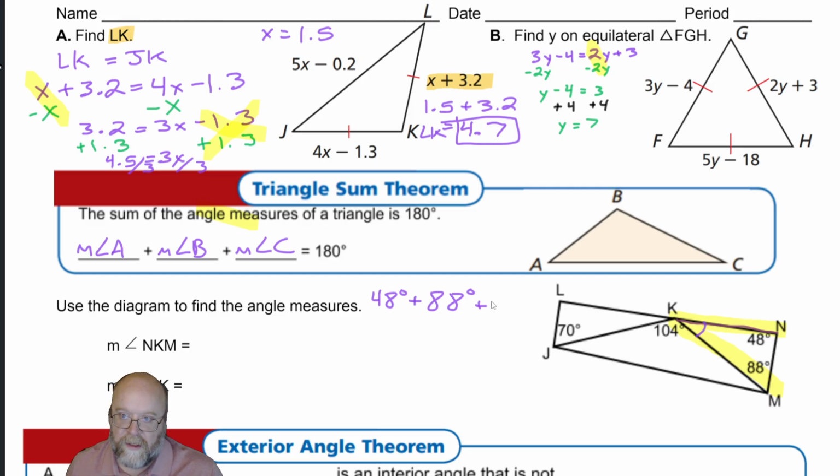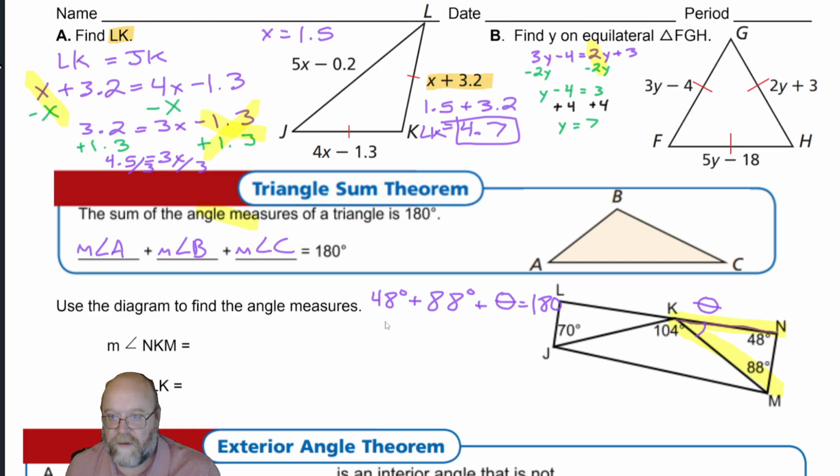Let's call it theta. How do you guys feel about theta? This is a fun little variable, often used to talk about angles. Basically an x. It's the same thing. So I'm going to call it theta because that's cool. That's going to be equal to the 180 degrees. I'm just rewriting my triangle sum theorem, substituting in the other two angles.